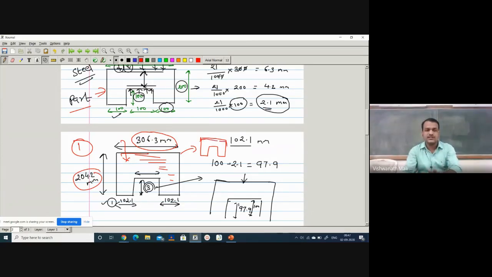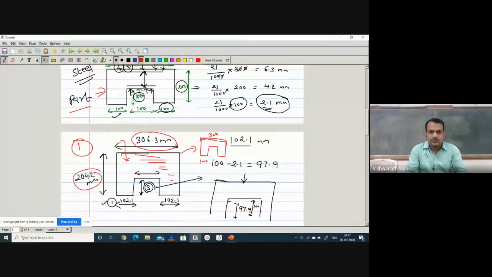Suppose this original size is 100 mm. Now, if its surface finish is not good but you require a good surface finish, you machine this part.